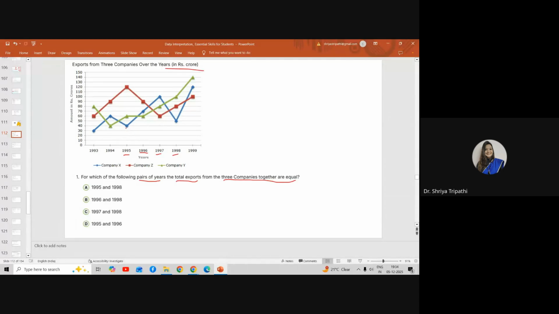Add 40, 60, and 120. In 1995, similarly for 1996, 97, and 98.